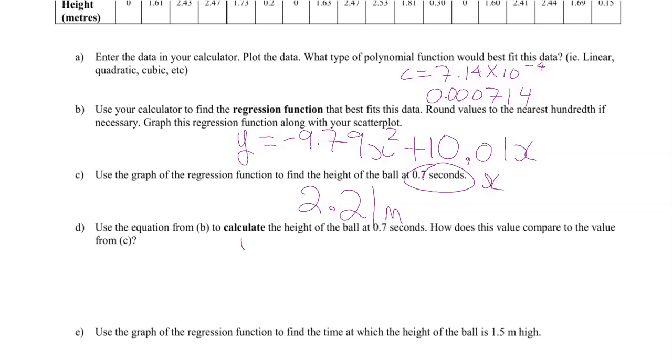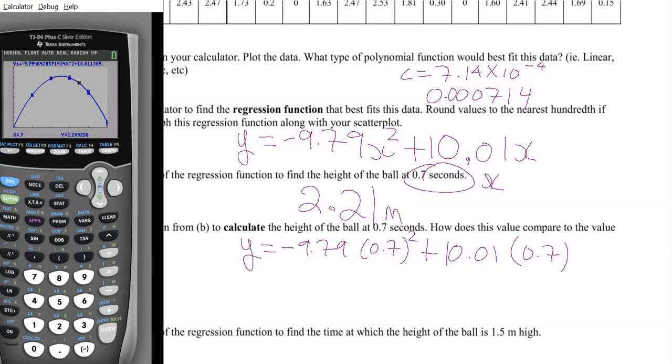So if we're using this equation, we'll go y is equal to negative 9.79 times 0.7 squared plus 10.01 times 0.7. So do you think we're going to get the exact same value? Well, one way to find out. Negative 9.79 times 0.7 squared plus 10.01 times 0.7.